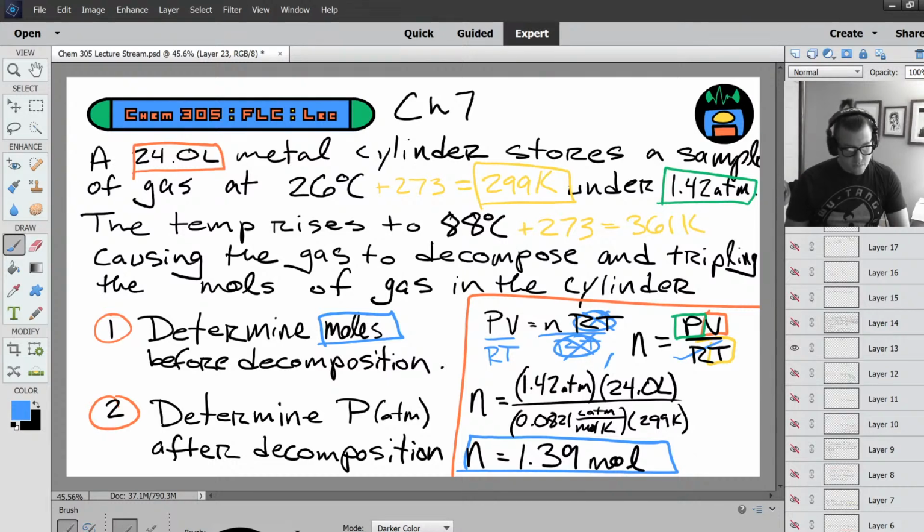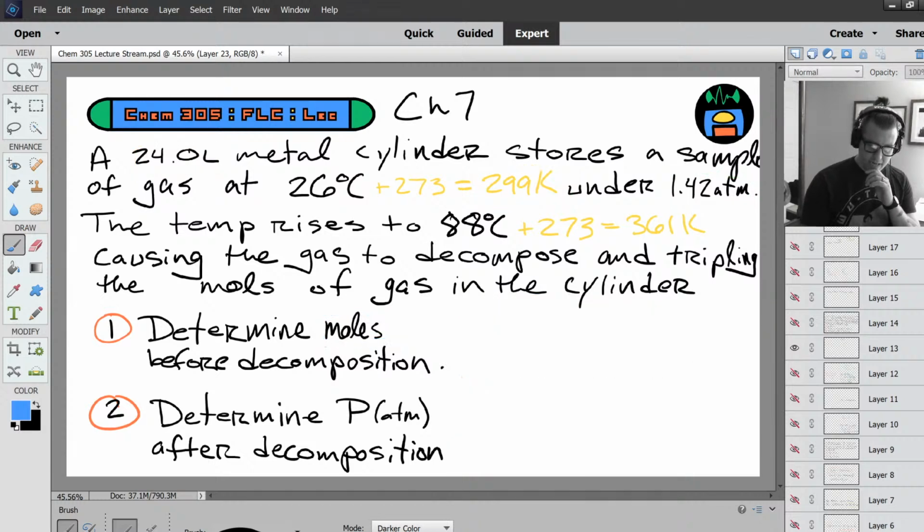All right, step number 2 is determine the pressure in atmospheres after the decomposition. This one might take a little more space, so I'm just going to clear a little bit of our board here.